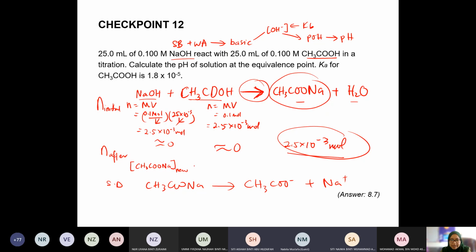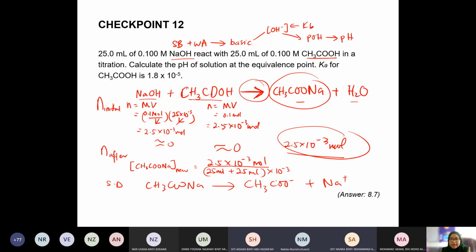Boleh tulis new lah. New concentration is equal to 2.5 times 10 to the power of -3 mole divided by volume. So the volume of acid plus base kan. So we have 25 ml of acid plus 25 ml of base. Don't forget to convert into liter.